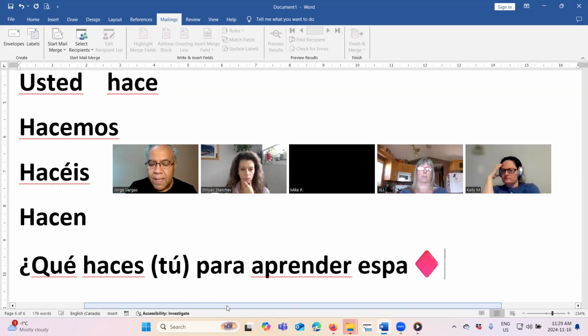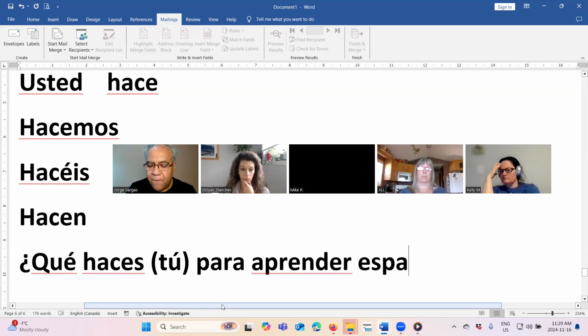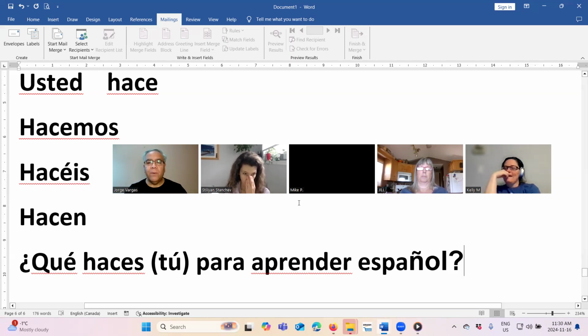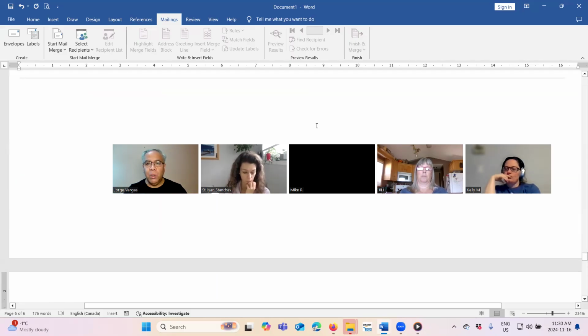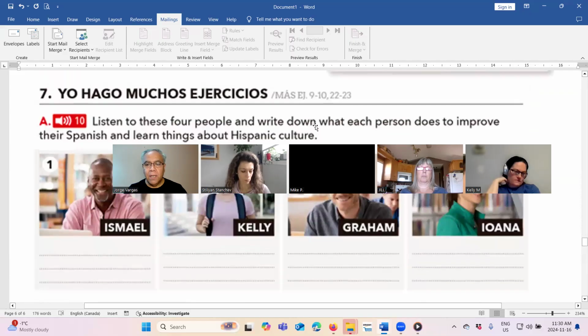Okay, now in this case, what if I wanted to go with those characters? We already have what they do to learn Spanish. So we have those 4 characters, right?